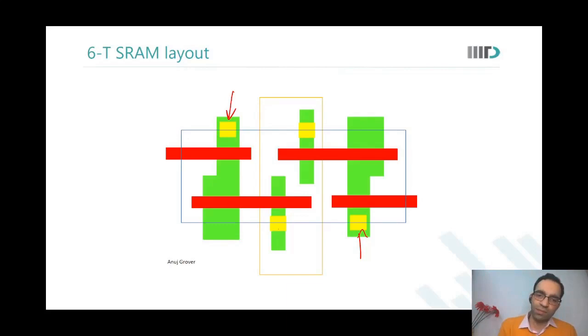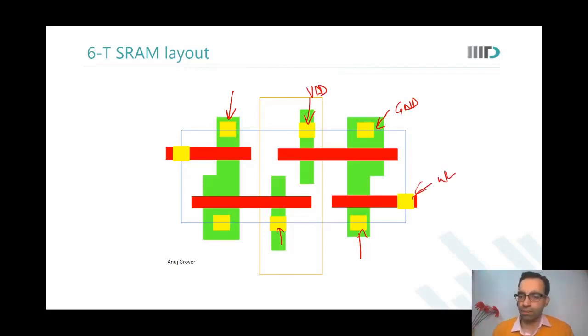Okay. What is this? VDD. Great. What about this one? Ground. Great. What about this one? Word line. Word lines. Okay.